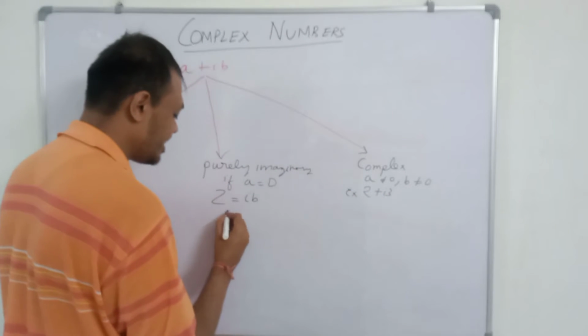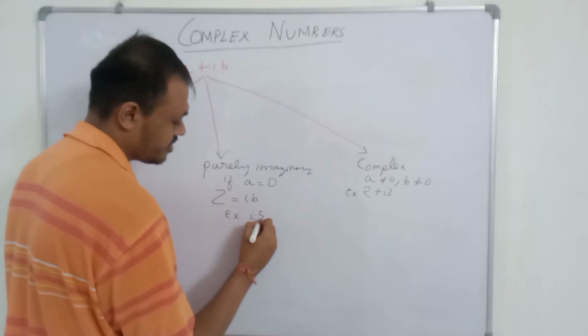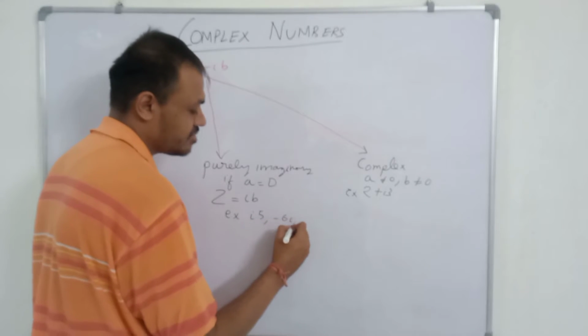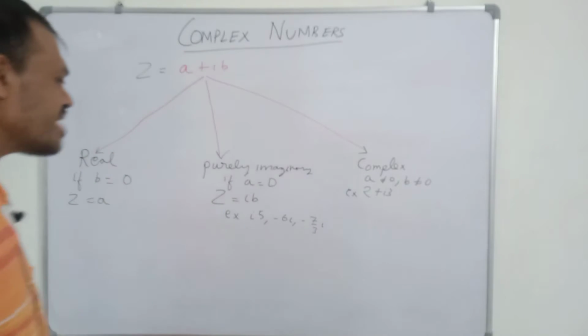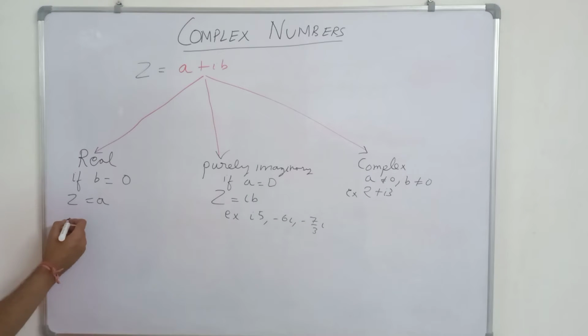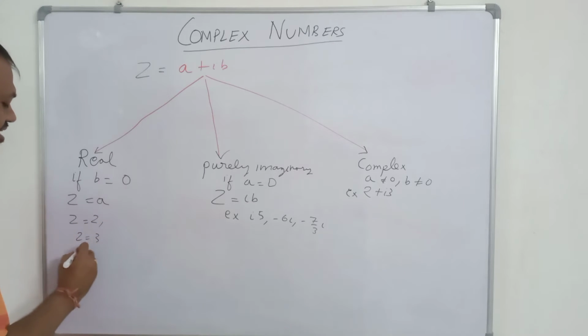Examples of purely imaginary numbers are iota 5, minus 6 iota, minus 7 by 3 iota. And purely real can be z equal to 2, z equal to 3, z equal to 1 by 7.